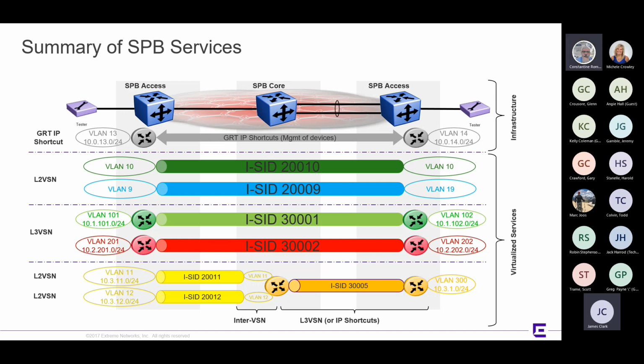In that scenario, the hosts behind those switches would have the same subnet configured on them, so they can communicate via IP, but the nodes themselves would have no IP address on them. So strictly layer 2. And in that scenario, VLAN 9 can talk to VLAN 19 because that VLAN is only locally significant and is tied together by ISID 20,009.